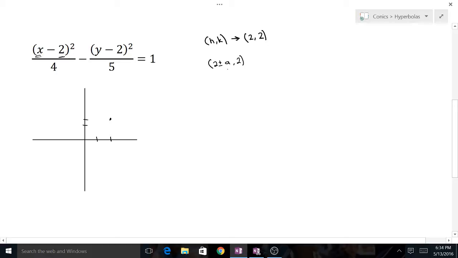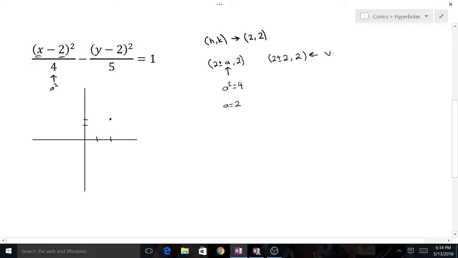Then now we just have to figure out that a value. Well, we know that a squared is always under the first term, so a squared equals 4, square root of 4 is 2, so a equals 2. So now we're left with the vertices as 2 plus or minus 2, comma 2.